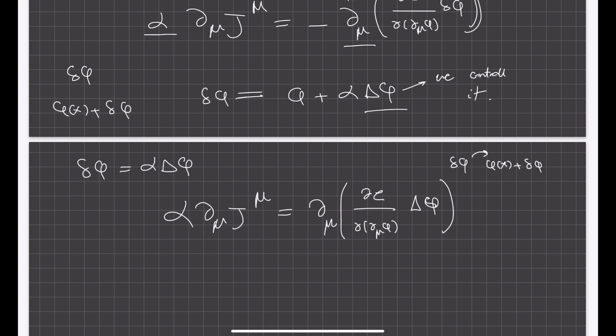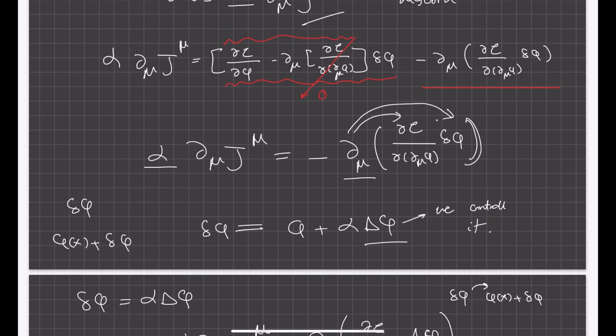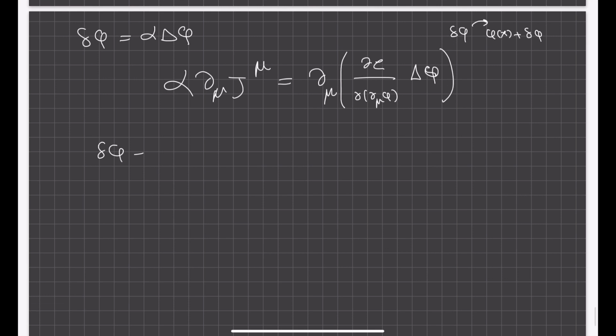Now I have to clear up some mathematics here. We say the delta operation is the variation, and delta of phi is seen as phi going to phi plus delta phi. This is the operation we do on the field, and then we write this down as alpha times delta phi.